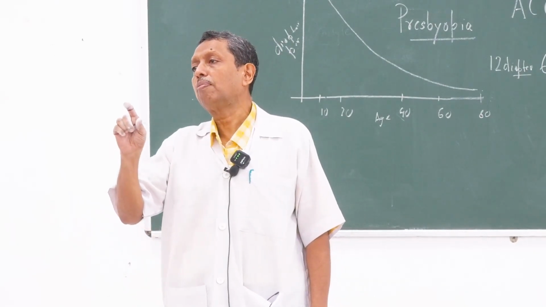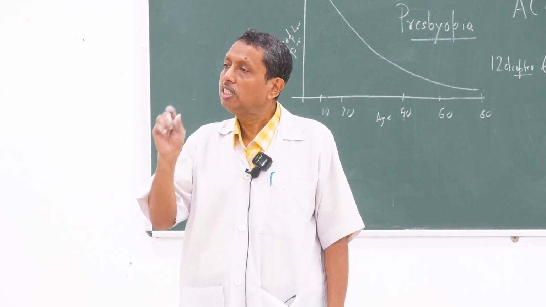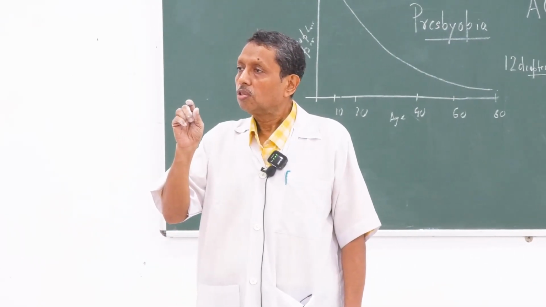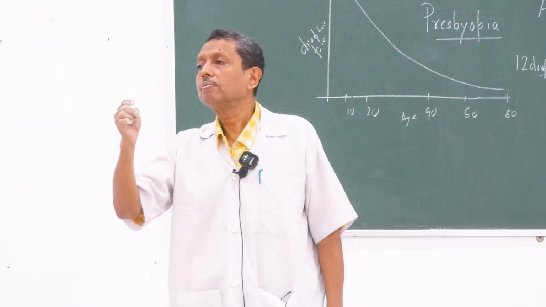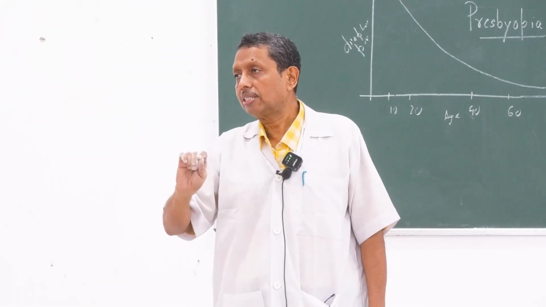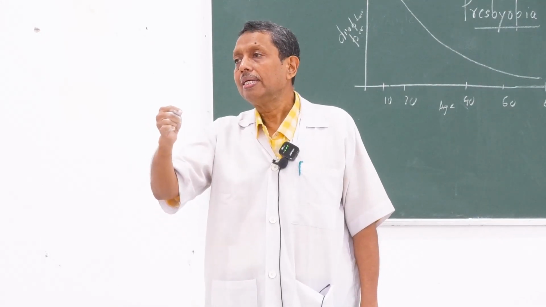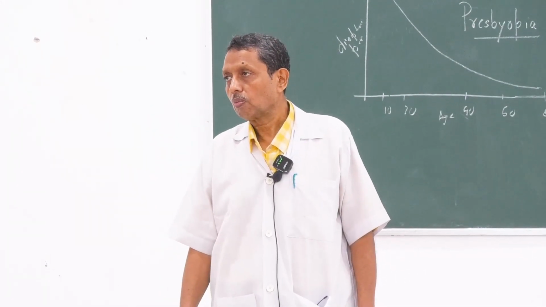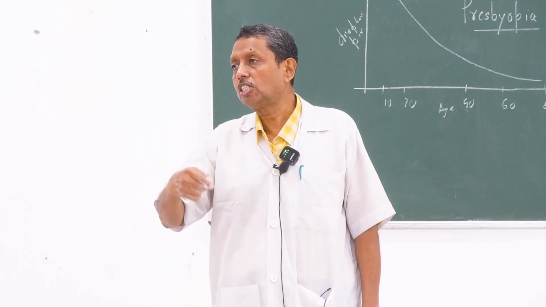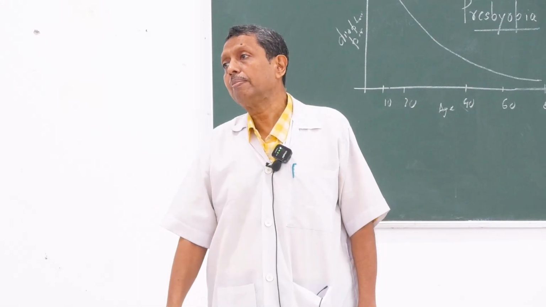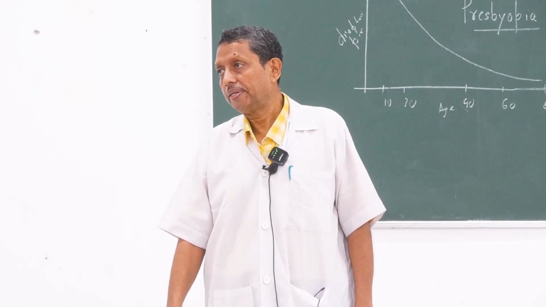When age advances, it becomes more rigid, so the near point recedes. Suppose an individual of 10 years of age has a near point of 9 centimeters or so, and an individual more than 60 may have a near point of 80 centimeters or so.